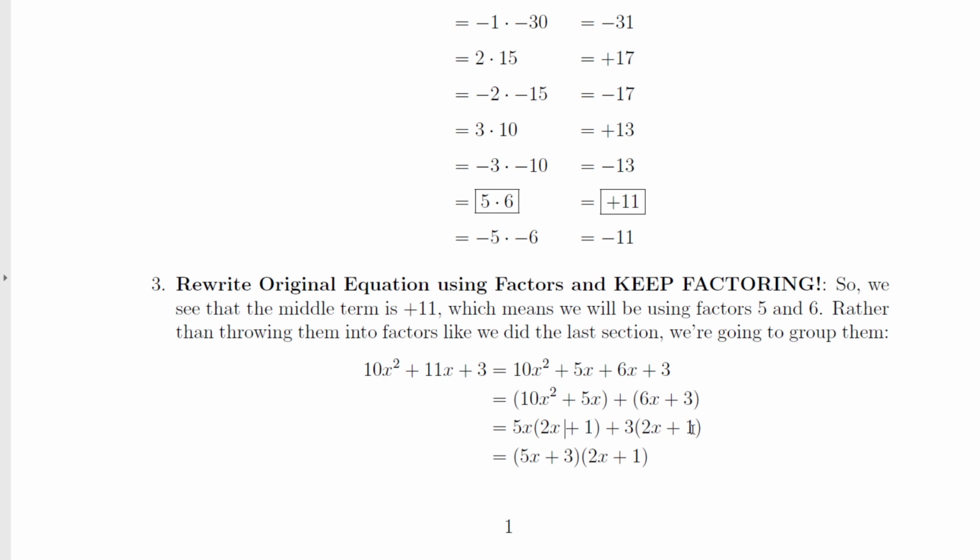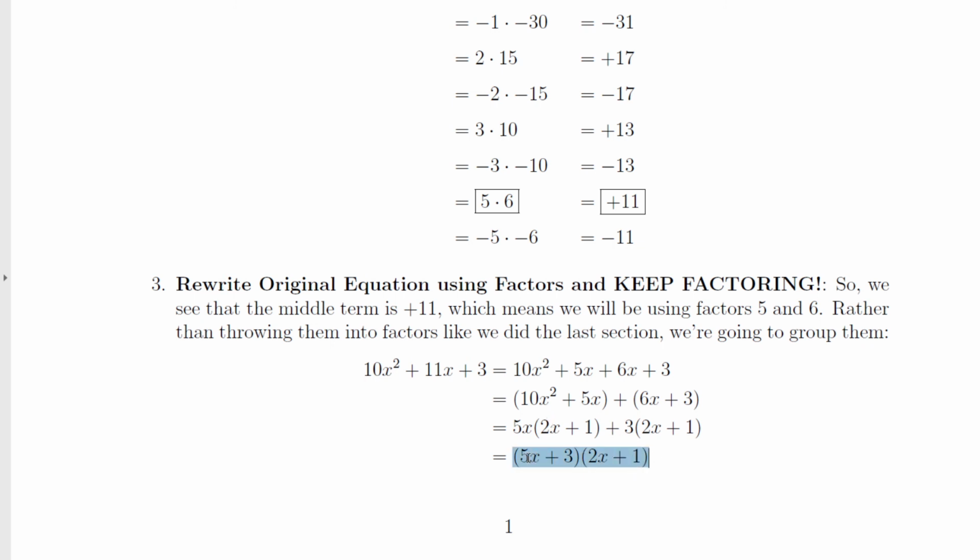Now, the same thing happens over on the other side. We can pull a 3 out, and then a 2x plus 1 is going to be remaining. Now, check this out. Now that I've got a 2x plus 1 here and a 2x plus 1 here, since each of these pieces are being multiplied by these guys in front, I can combine the pieces in front into their own factor, and then the remaining 2 pieces turn into 1 right there.